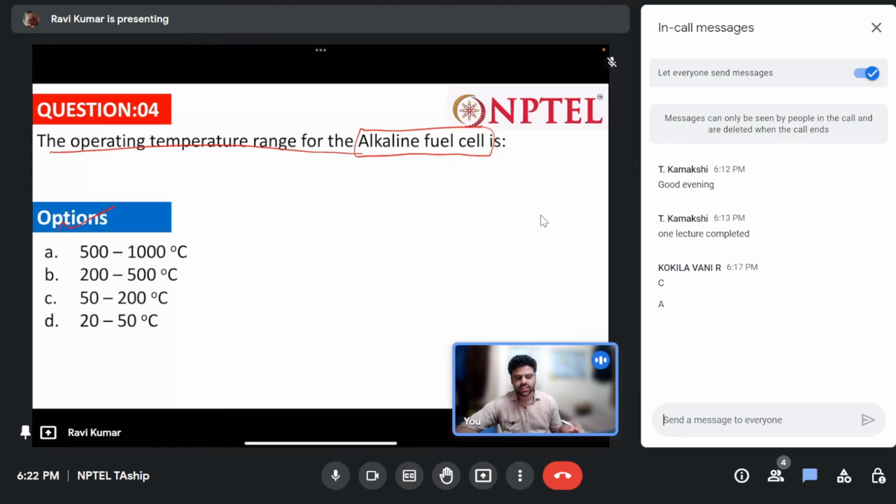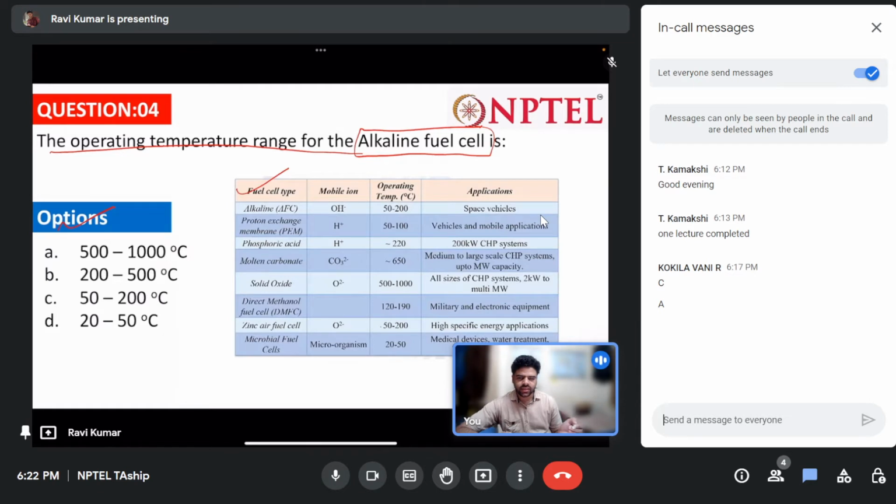No, it's fine. This is the chart given in the lecture. Here we can see this is the alkaline fuel cell, and the mobile ion is OH negative, and the temperature range is 50 to 200 degrees Celsius. So the answer here will be C. Yes, C is the correct answer here.